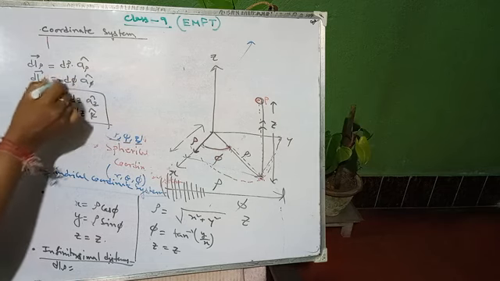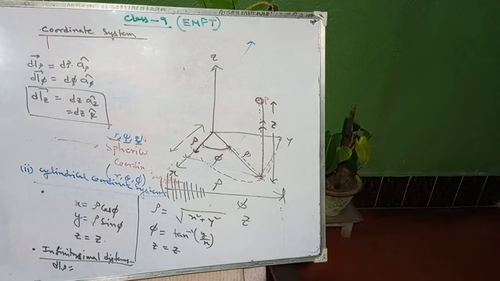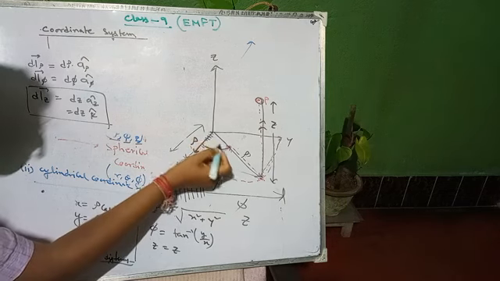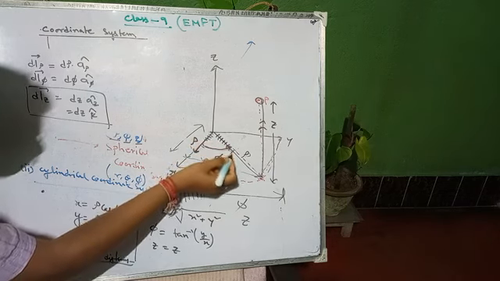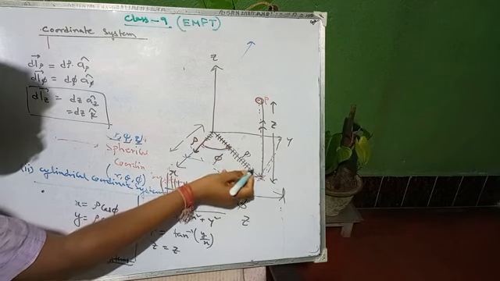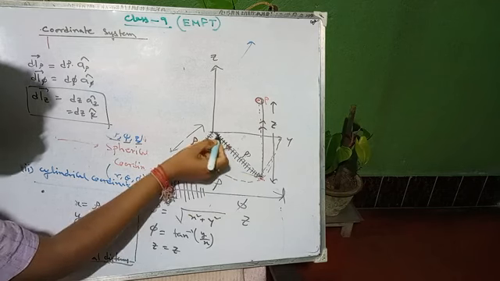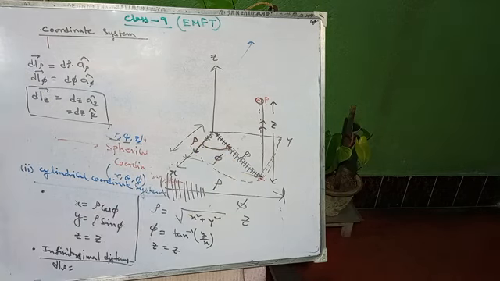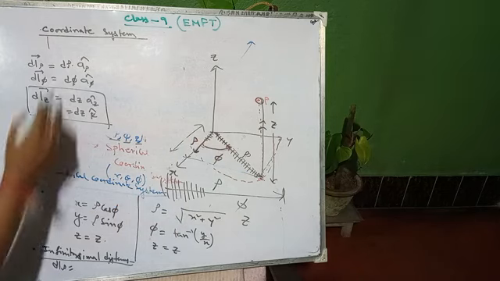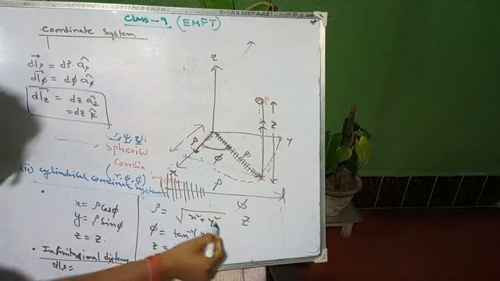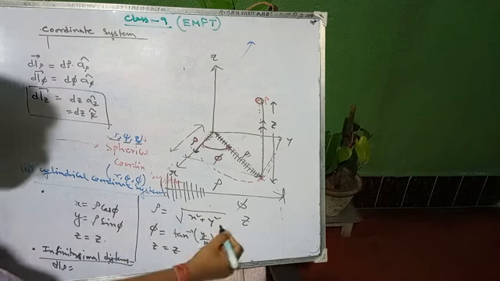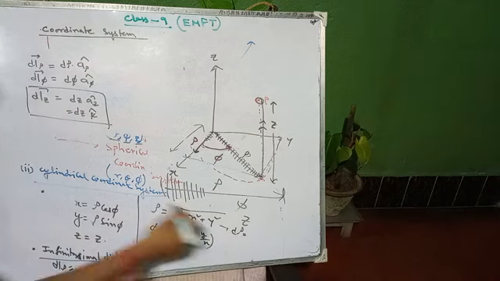What do you mean by d rho and d phi? See, d rho is nothing but the infinitesimal length in this direction, the smallest unit in this direction. And rho equals this one, so now if we differentiate it, what happens?